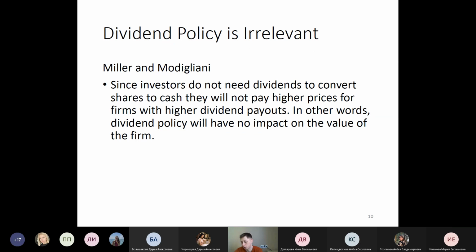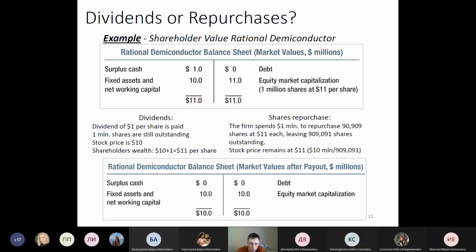Here we discuss that there are different perspectives on the importance of the dividend. There is this perspective that it is irrelevant, suggested by Miller and Modigliani.